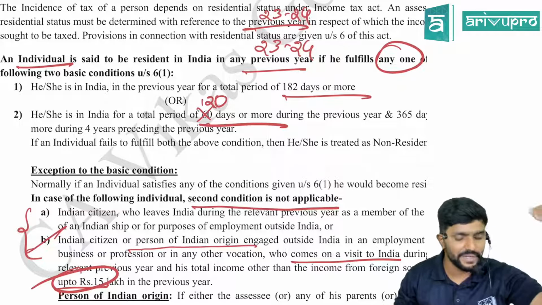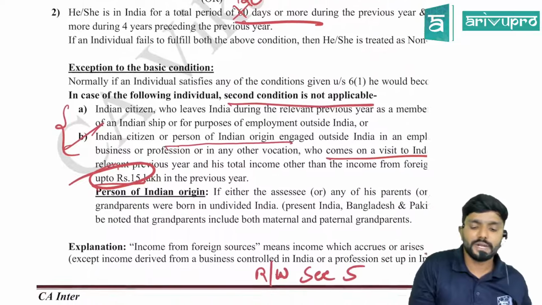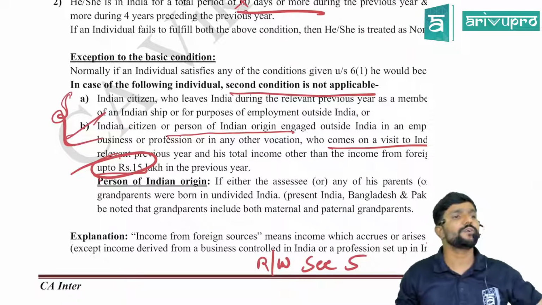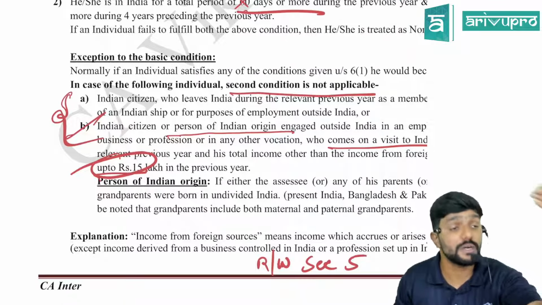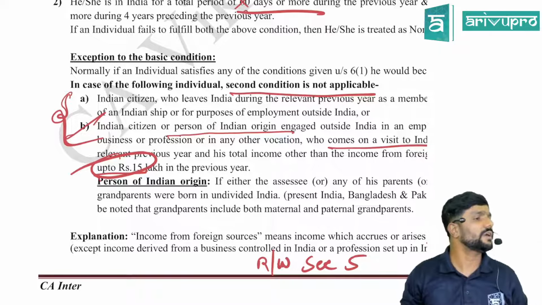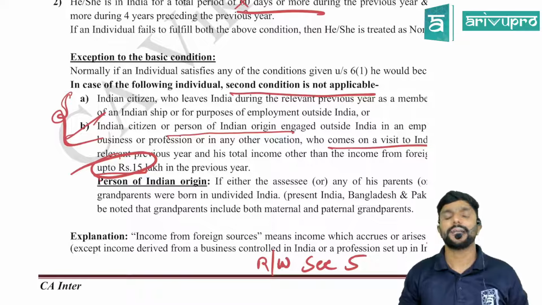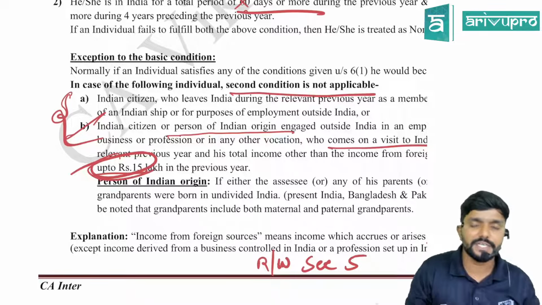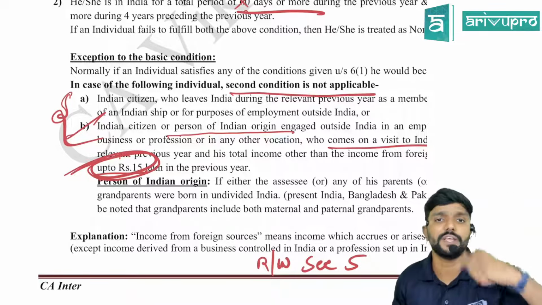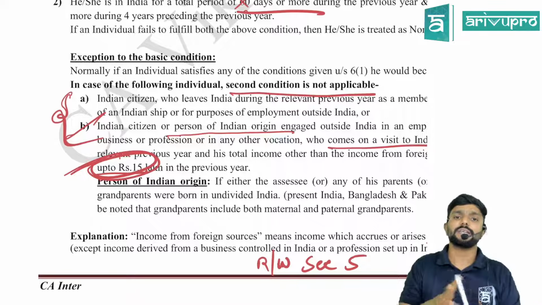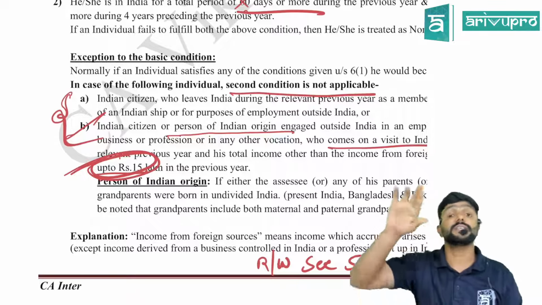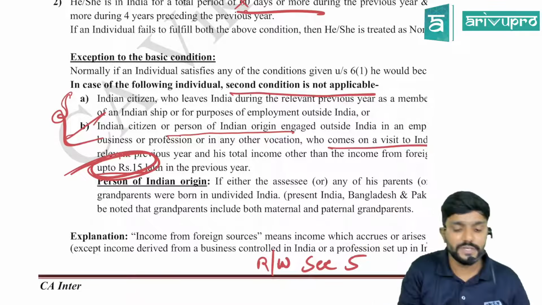Please listen, I repeat once again. If you are covered in these two exceptions, the second condition as such is not at all applicable; you have to satisfy the first condition. But here, the second condition says Indian income is up to 15 lakh. He is not following that, because his Indian income is more than 15 lakh. So is he covered here?